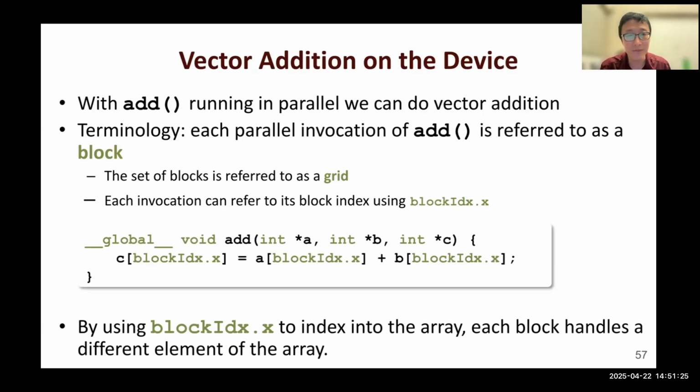That's something already given by the CUDA runtime. So this blockIdx.x is a fixed number. You can consider it like a constant for a given CUDA thread. It will be replaced by its own index. That's why even for the same function, individual cores will be using different elements of the vector, mainly because of this blockIdx.x.